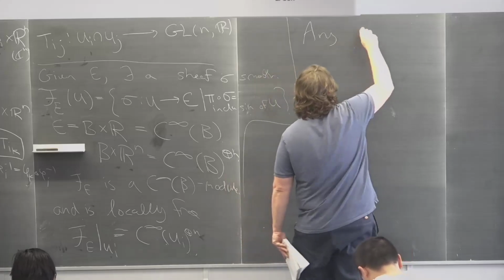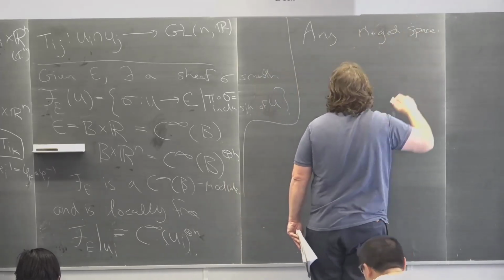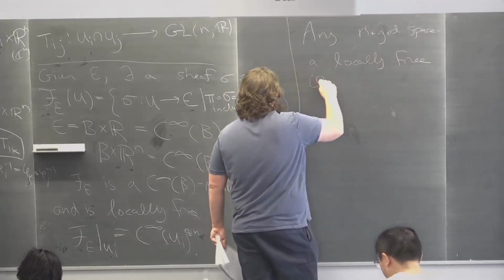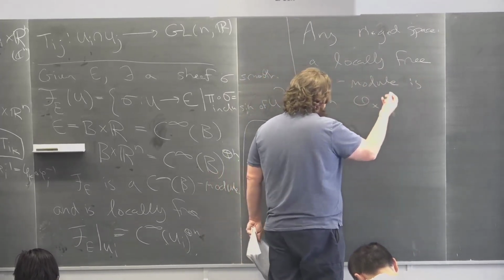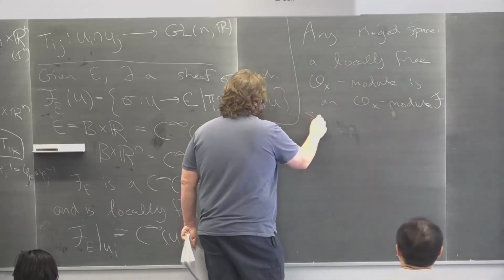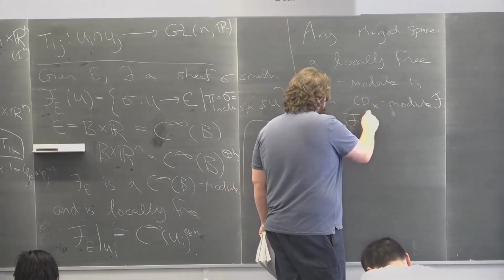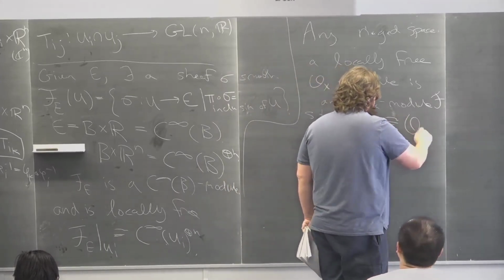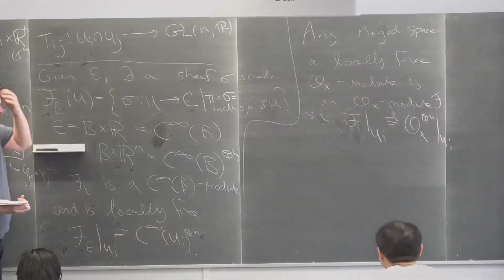So for any ring space, a locally free O-module, which is locally free, such that F restricted to U_i becomes isomorphic to n copies of the structure sheaf.